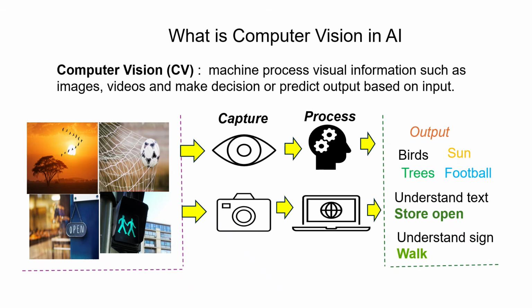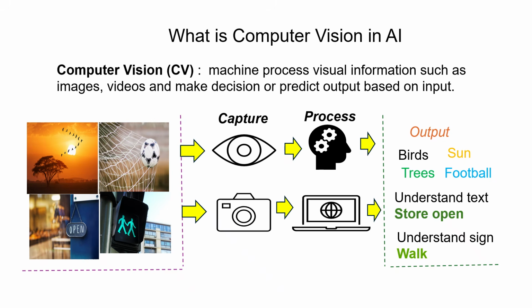In these four pictures, there are objects: birds, trees, sun, football. The images also have some signs and symbols, a traffic light indicating ready to walk. The image also has some text on a board with the word open.